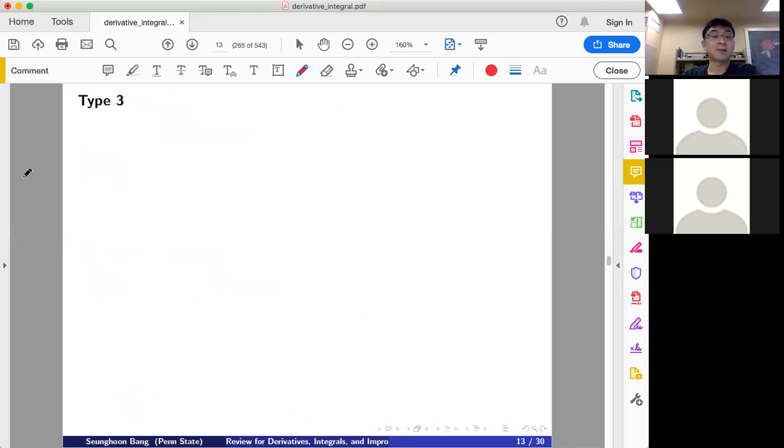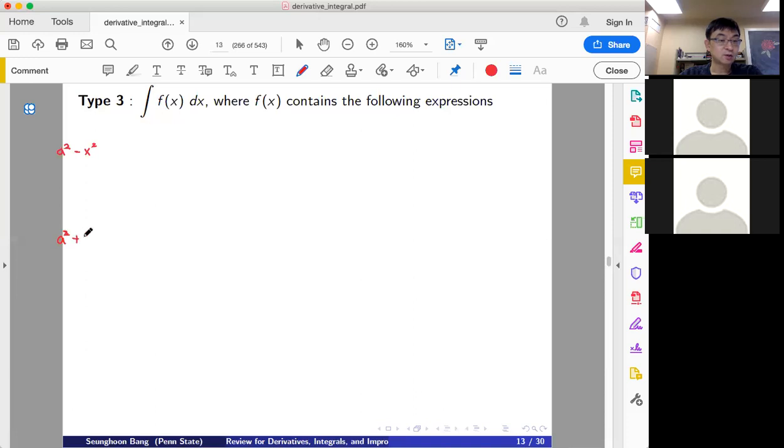Now the type 3: the integral of f of x where f of x contains the following expressions. What kind of expressions? One is a square minus x square form. Another one is a square plus x square form.